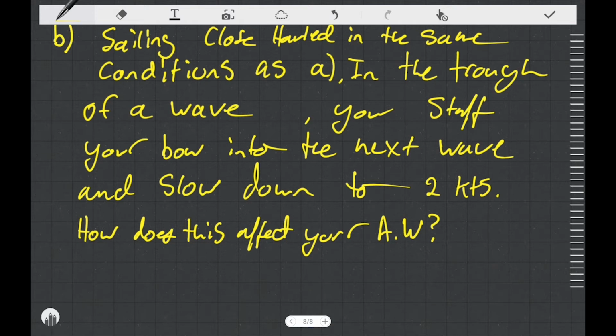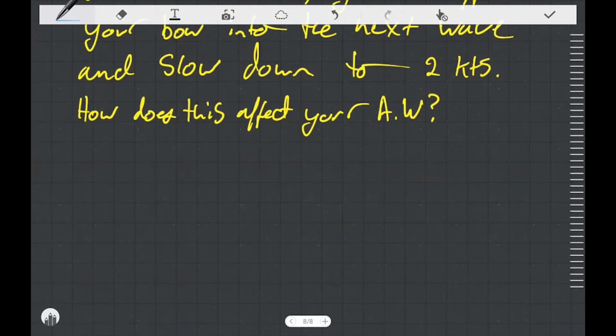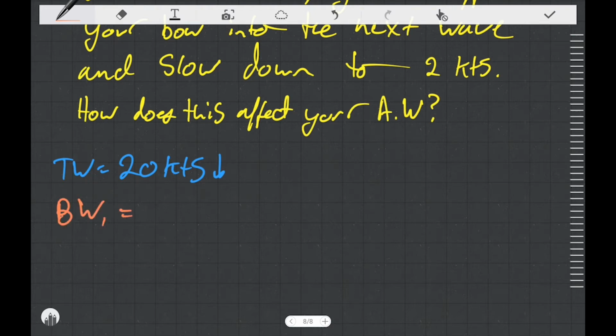So we've got 2 different things going on. 1, we're on a different point of sail, and 2, we're slowing down instead of speeding up. So let's scroll down and see what happens. Again, we're going to collect our terms. Same conditions as A, so our initial boat speed is going to be 5 knots.